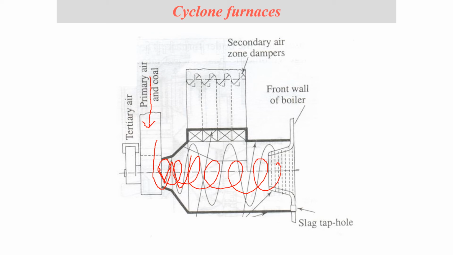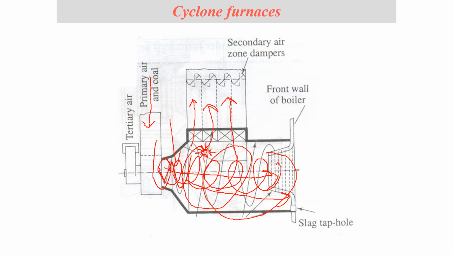When it is rotating like this, and we are supplying secondary and tertiary air, this will cause a large cyclone, which will result in the coal being supplied air from all sides, and this will result in the coal being completely burnt. And since the air is moving in this direction, this will take some of the ash with it, and the hot flue gases will move upwards towards the boilers.